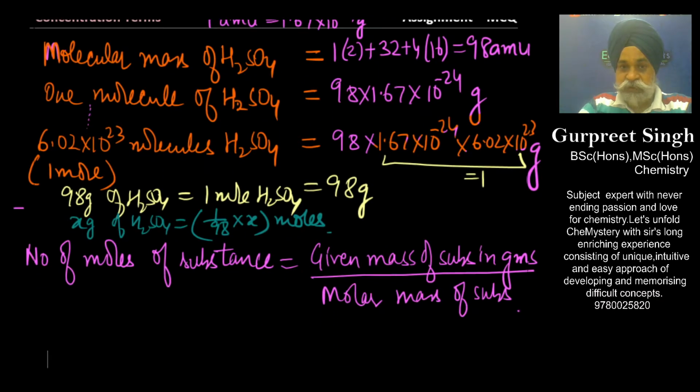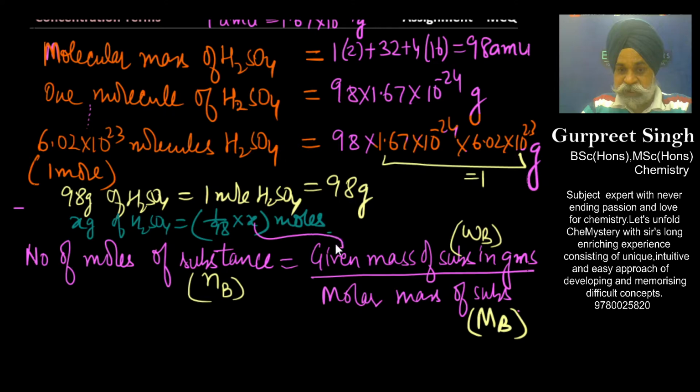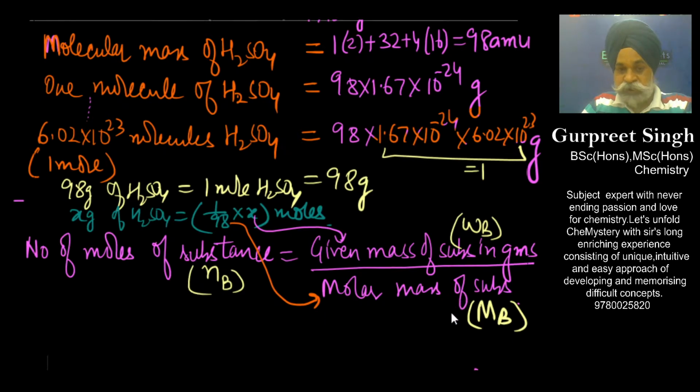This formula is very popular: number of moles of a substance is equal to given mass of substance, WB, upon molar mass of that. How do I get it? X is the given mass, 98 is the molar mass. So WB upon molar mass is the number of moles.